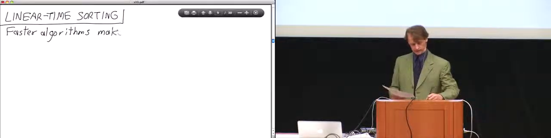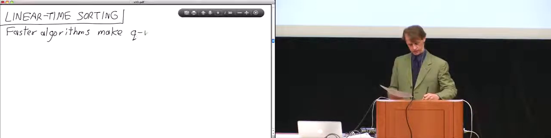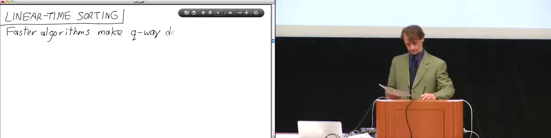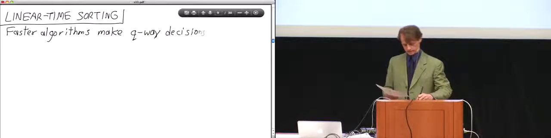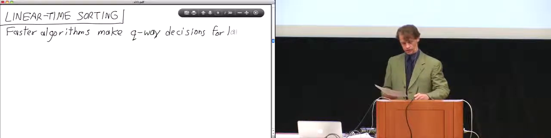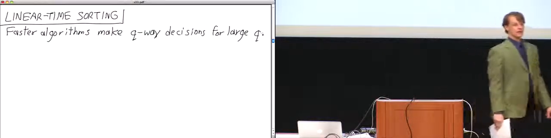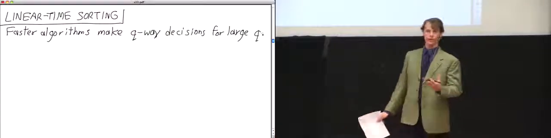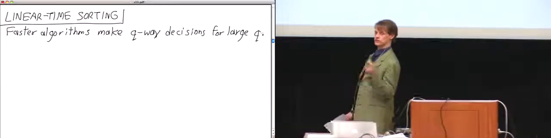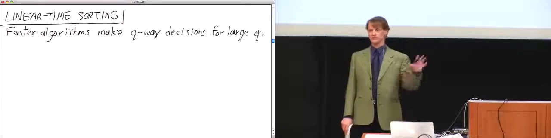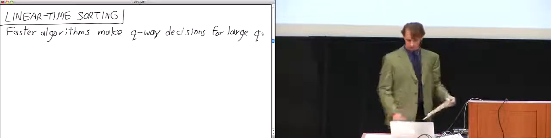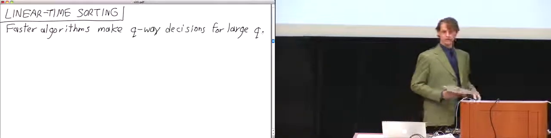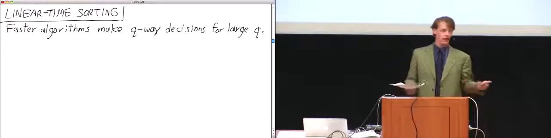They make Q-way decisions. And you can choose Q to be relatively large. So in other words, we're not just relying on if statements anymore to affect the way that the algorithm behaves. We need a way to decide not between two options, but between 100 options, all in constant time. And it turns out you can do that with array indices.